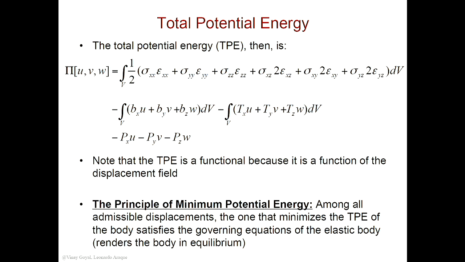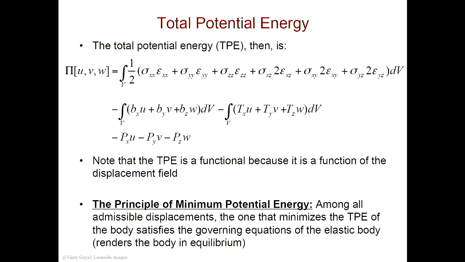And in that scenario, those displacements correspond to the system being in equilibrium. In other words, if I apply these loads, the structure will deform to a shape such that it minimizes the total potential energy and the body is also in equilibrium. You follow what I just said?